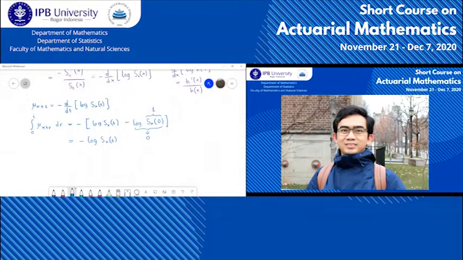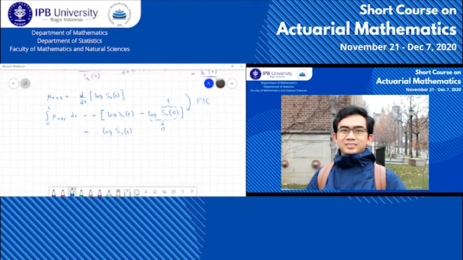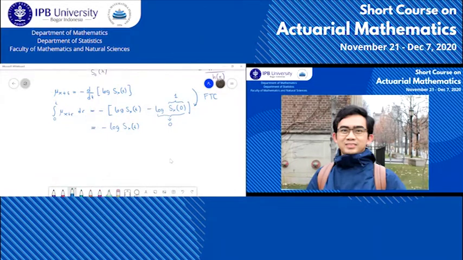Okay, so from this line to this line, we use the fundamental theorem of calculus. Now just multiply both sides by negative 1, and we have the negative of the integral is equal to the natural logarithm of S sub x of t.